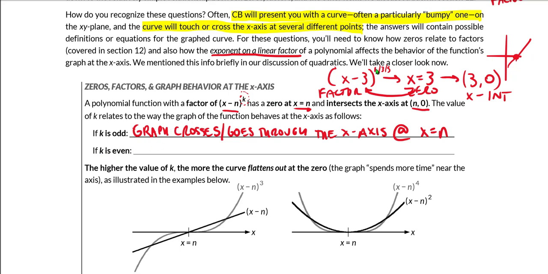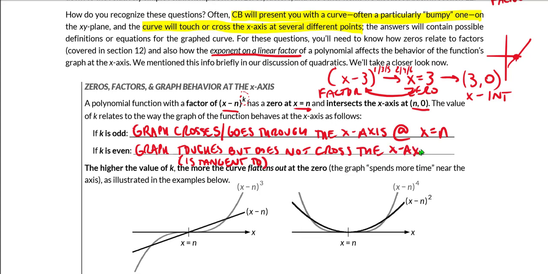So if I had x minus 3 to the second, or to the fourth, or to the sixth, if k is even, the graph touches but does not cross. In other words, I'll write this down here, it is tangent to the x-axis at x equals n.